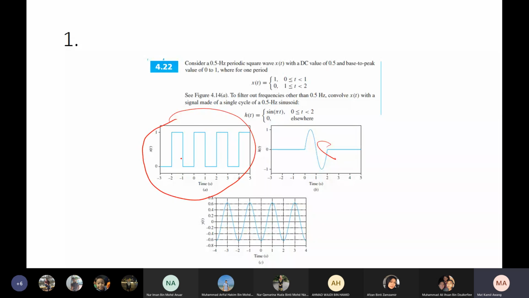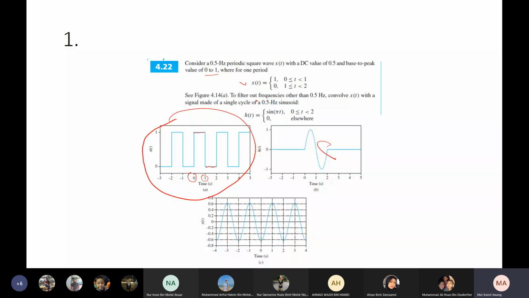So basically that's a DC value of 0.5 and base to peak value of 0 to 1, where for one period x of t is given by this. So the value is 1 from 0 to 1 second and 0 from 1 to 2 seconds. So this is the x of t.